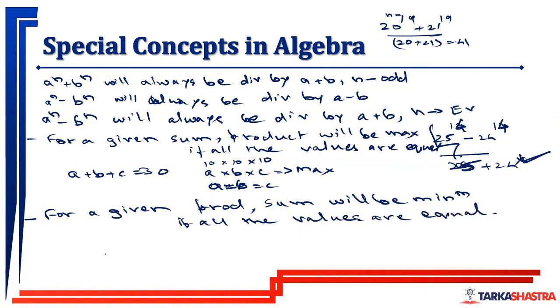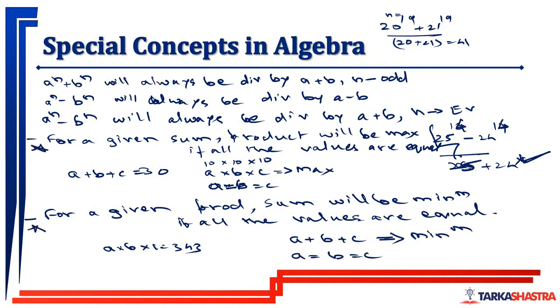Now, understand this. Let us say a into b into c is equal to 343 is given to us. Then a plus b plus c will be minimum only when a is equal to b is equal to c. Okay. Remember these two properties. We'll be needing it a lot while solving the questions. Okay. So write this down. I'll be explaining you two more properties.